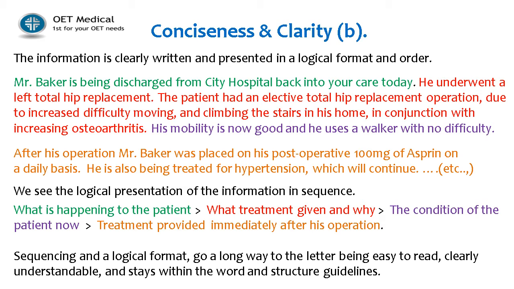In red, it tells us why the patient was in the hospital and what treatment he had. And the next in purple is just a kind of current status. So this is what's happening to the patient. This is why he was in the hospital, and this is his condition now.